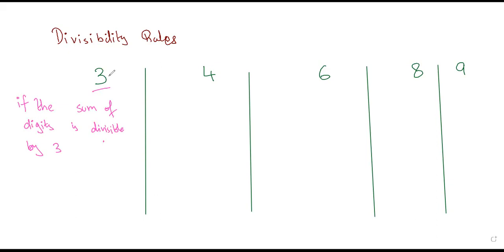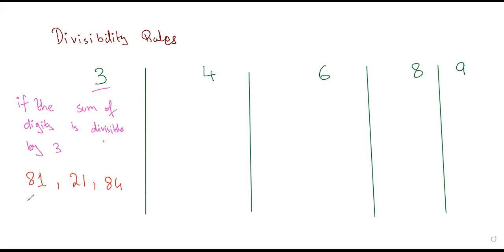For example, we have 81. For example, we have 21. For example, we have, let's say, 84 maybe. Now let's see. Okay. Very good.